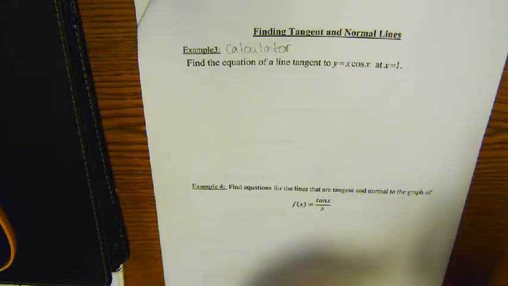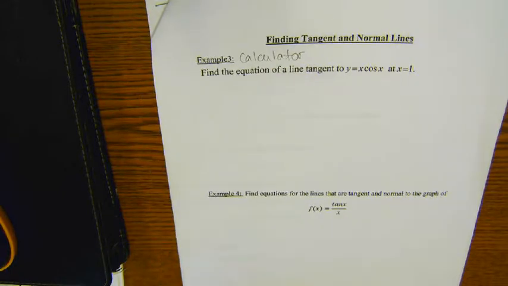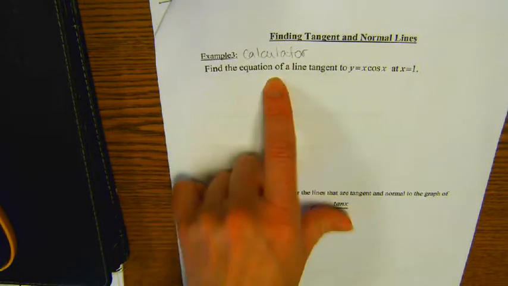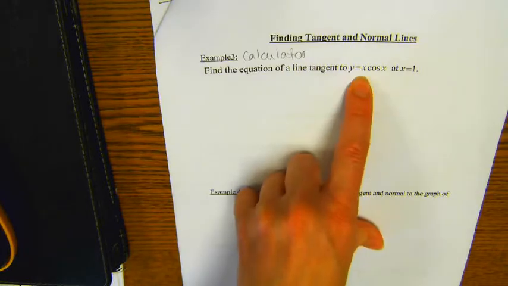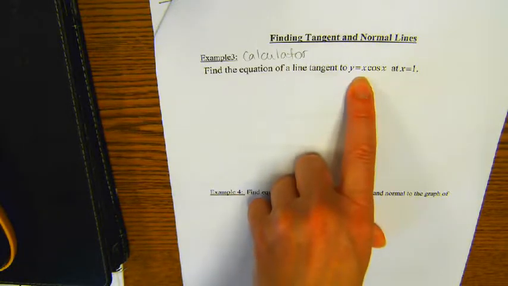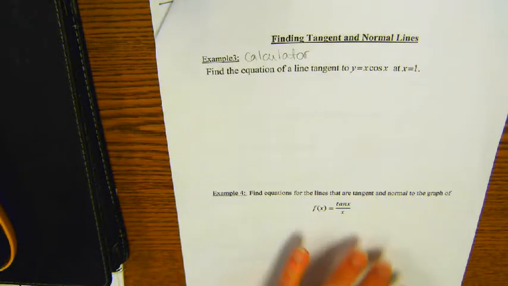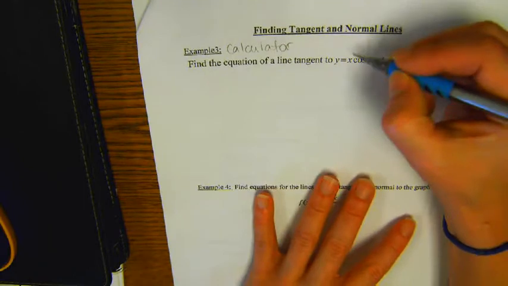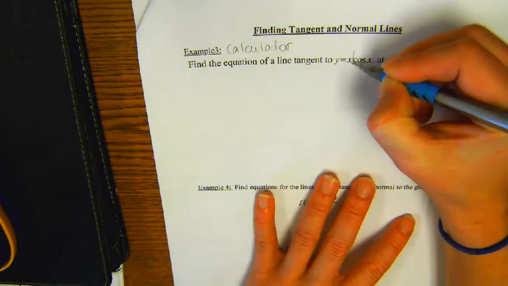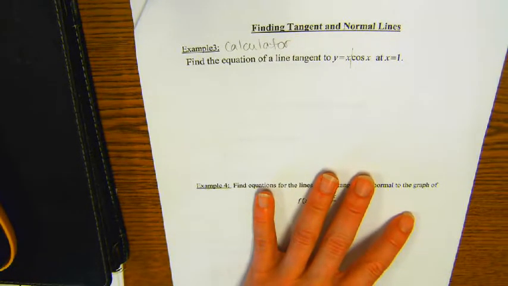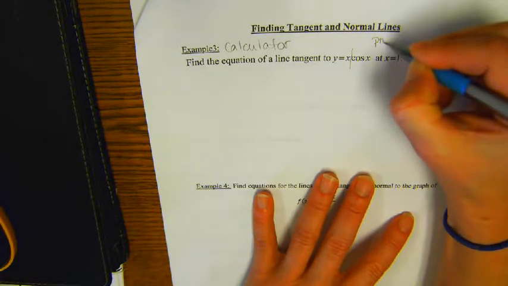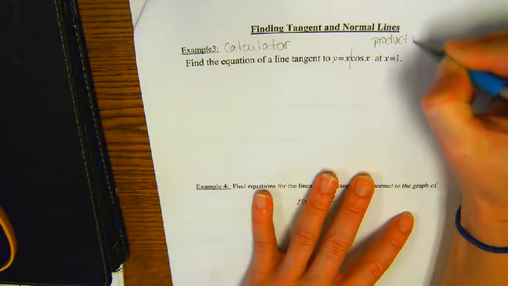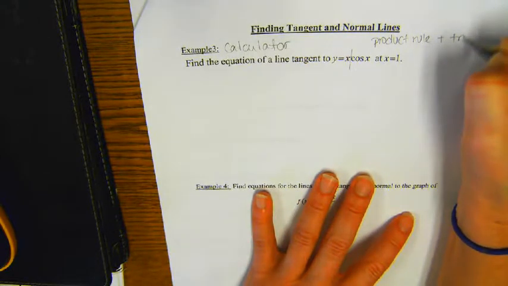So we are going to find the equation of a line tangent to x times cosine of x at x equals 1. Anybody know what this involves? I'll draw a line to help you. Product rule and trig. All right, so here we go. And then we will plug in the values we need.